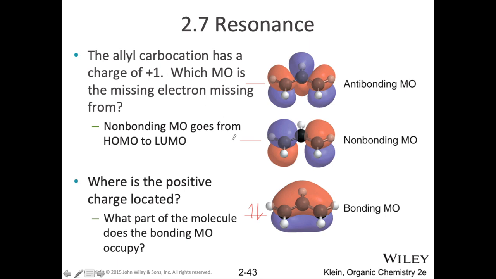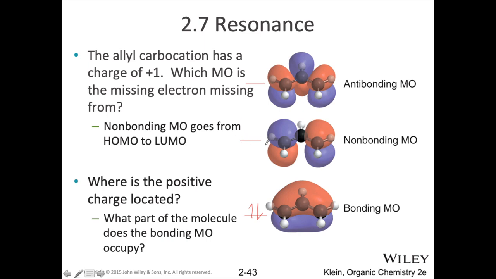The reason there are only 2 electrons up here: if you counted all the electrons in this molecule, if it were neutral, there would be another electron, and it would go into this non-bonding orbital over here. Since we have a positive charge, we're missing that electron. While this would have been the highest occupied orbital, the highest orbital with an electron in it, because it is now empty, this becomes the lowest unoccupied molecular orbital.